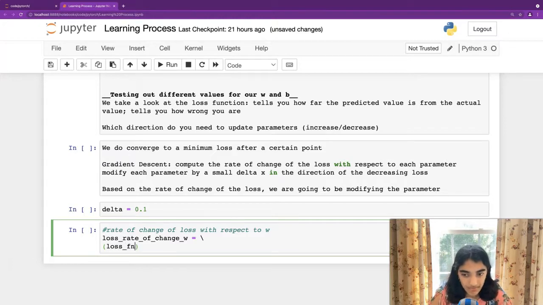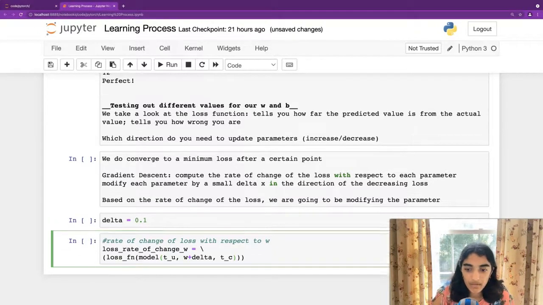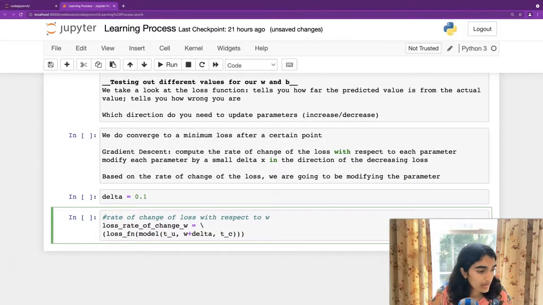But let's say the loss function, which we've defined above, of our model, okay, tu, comma, w plus delta, tc, and let's take tu, b.